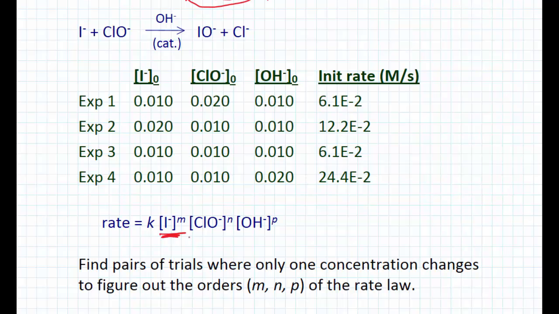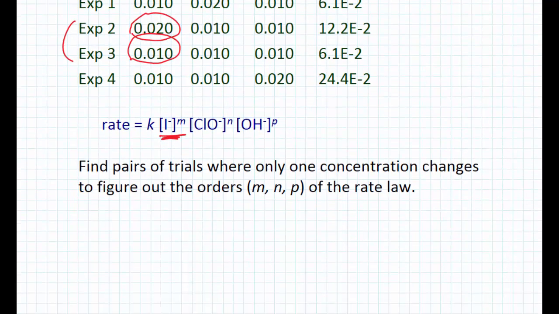Two and 3. See what we're seeing there? There we've got a change of those concentrations, but the other concentrations are the same. You have to choose a pair of trials where the thing you're interested in is the only difference. That's important.